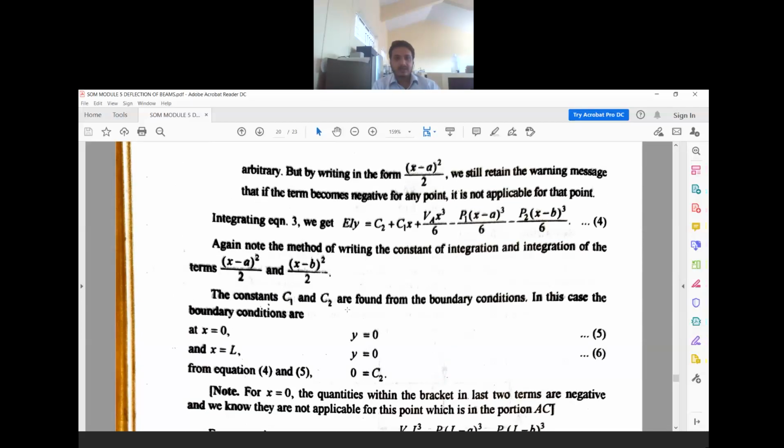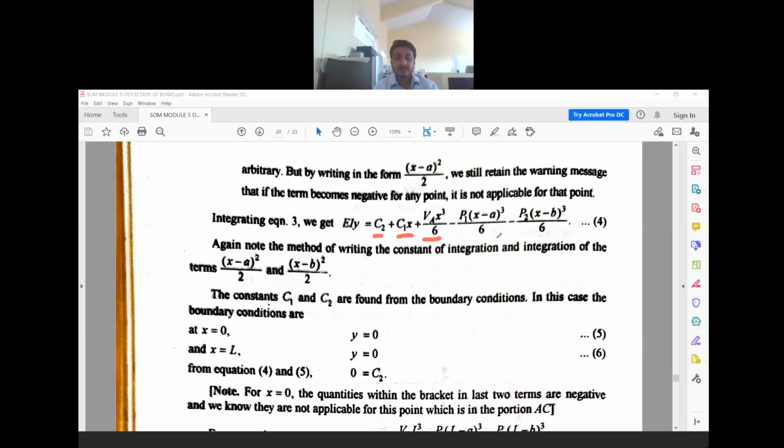Next you have to integrate it again. So if you integrate it again, you will get y is equal to, again you will write the constant at the beginning itself, and then C1 into x, so x square by 2 will become x cube by 6.